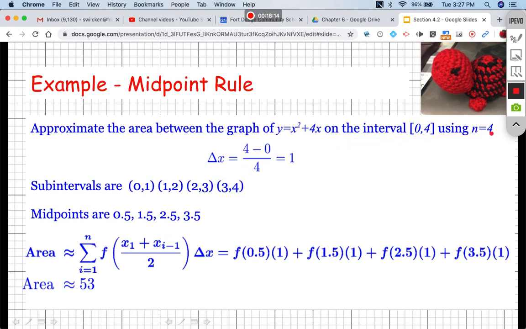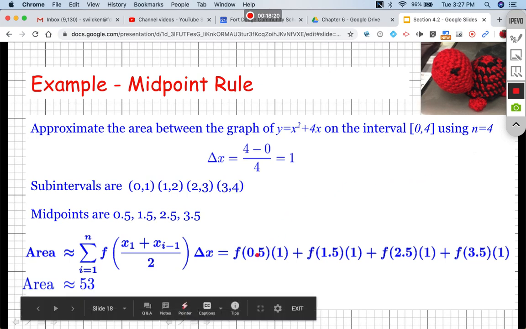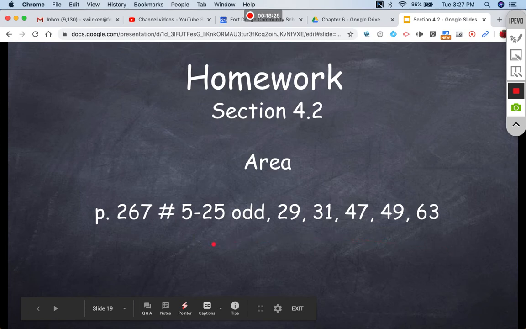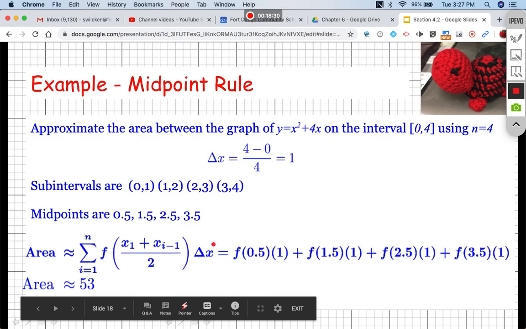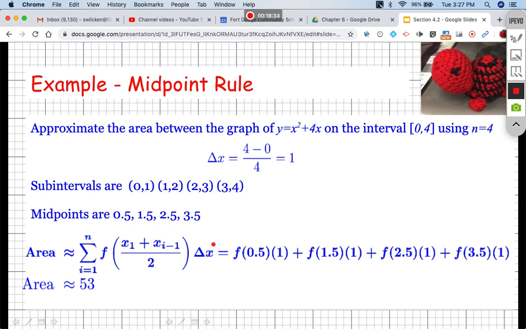I'm only going up to n equals 4, so it's not that hard to work out those 4 different values and add them together. So I do f of 0.5 times 1, f of 1.5 times 1, f of 2.5 times 1, f of 3.5 times 1. That's going to get you a pretty good approximation. Again, when we want an approximation, we're not making as many rectangles.